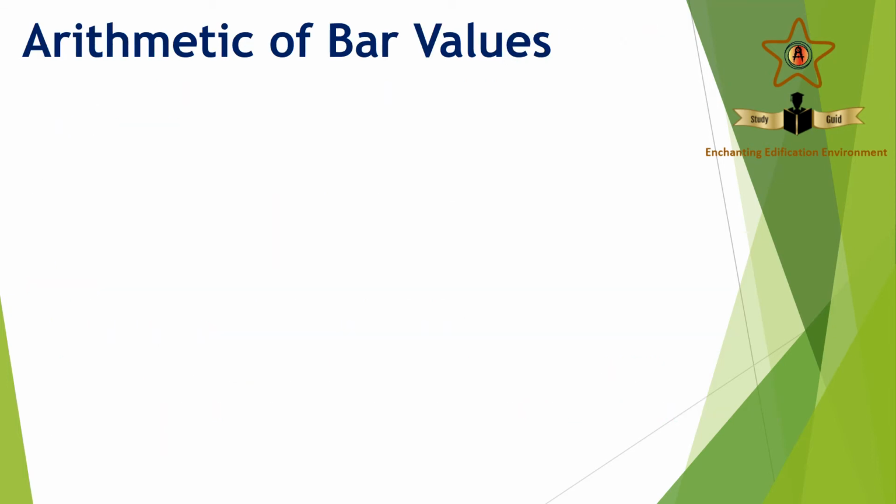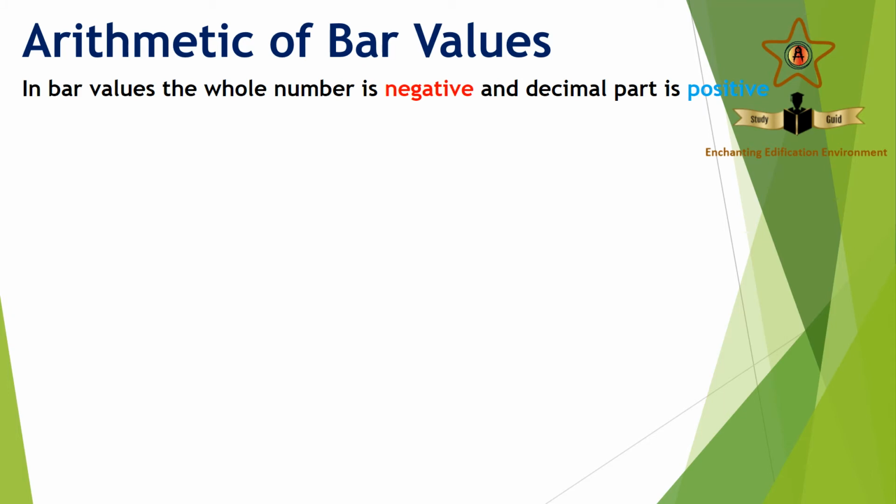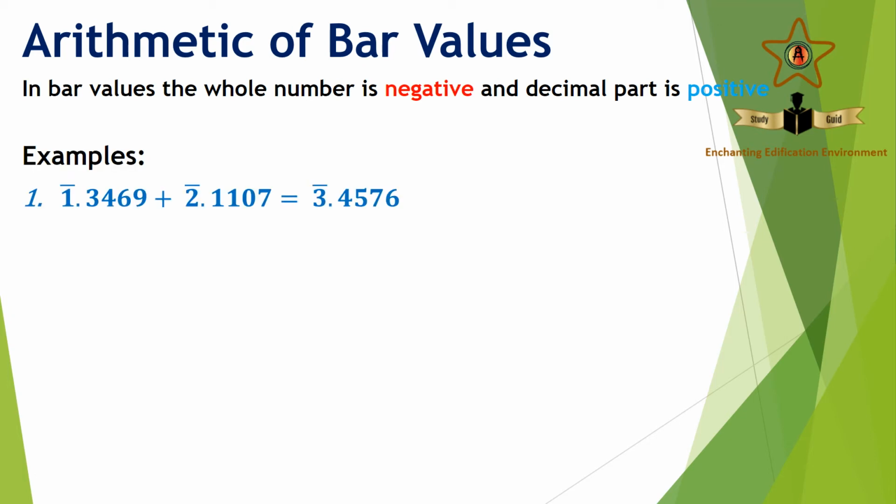Arithmetic of bar values. In bar values, the whole number is negative and the decimal part is positive. This concept is very important and it has to be used when we handle bar values. Examples. First one. Bar 1.3469 plus bar 2.1107.